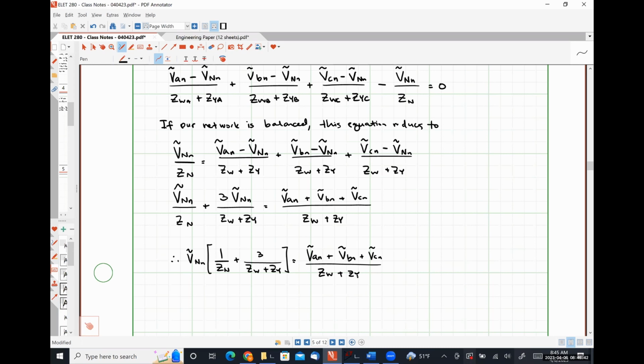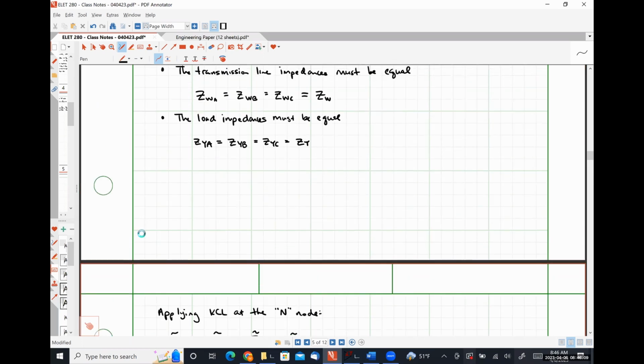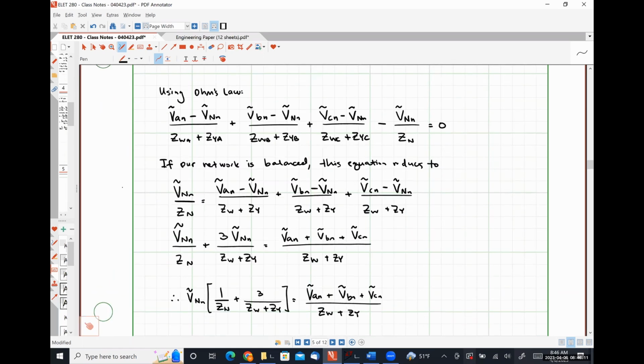All right, so to this point, we've only considered what the implications are if our transmission line impedance is the same and our load impedance is the same. Now let's consider what shakes out when we have a balanced 3-phase source, which we should always have. So I mentioned earlier that VBN, let's scroll back up here so we can see exactly what I'm talking about.